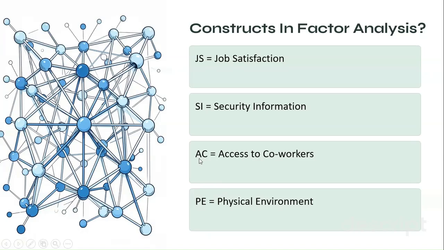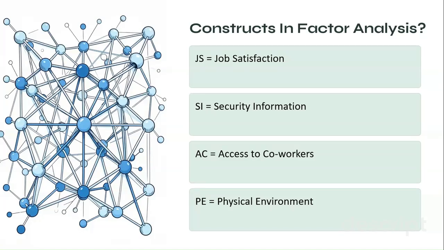Next is AC, access to co-workers, operationalized through four items, AC1 to AC4, each rated on a 7-point scale. Physical environment, PE, is reflected by four items, PE1 to PE4, each rated on a 10-point scale.